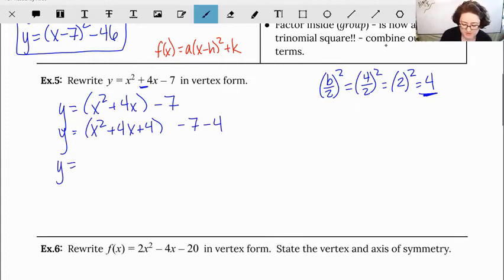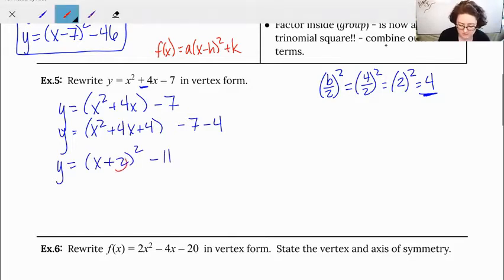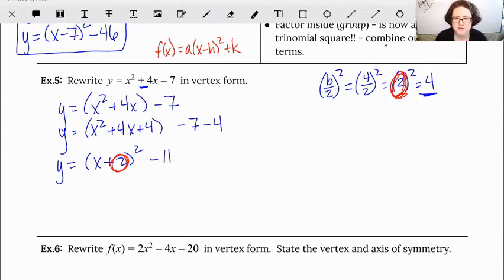I'm actually going to skip a step on this one because I want you to notice something. This 2 that we have is the same 2 from this step. And actually, let's go back and look at the previous problem. Do we have that same thing happening?